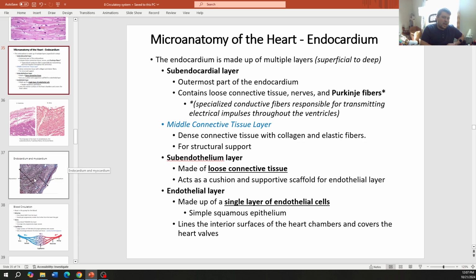A lot of times it's connected to some type of other infection, like a streptococcus, strep throat, a strep infection. I want to start making this connection now. This is going to come up in the future. If somebody has strep throat or a condition called rheumatic fever, these can be associated with endocarditis, inflammation of the endothelial layer.